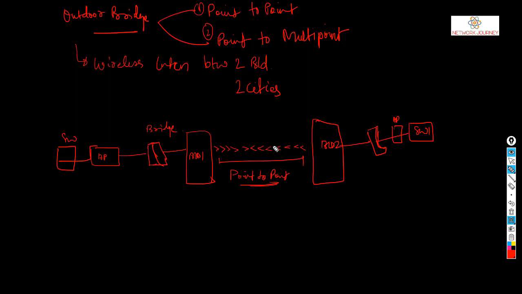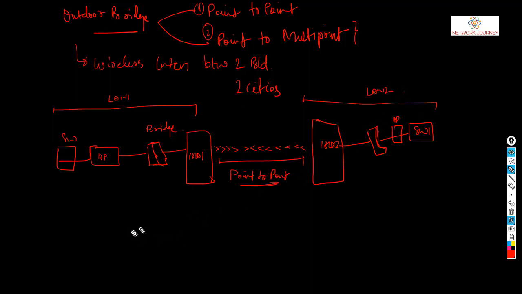Now I guess you might be aware of point to multi-point. That's a scenario where you're bridging more than two LANs. So this is one LAN unit. Similarly, this is another LAN unit.